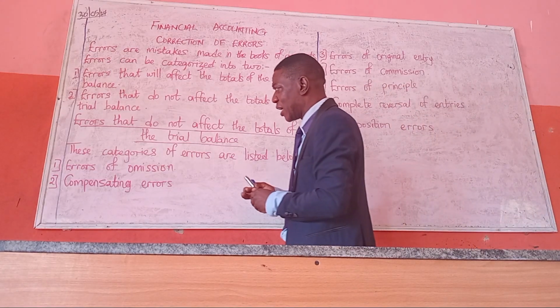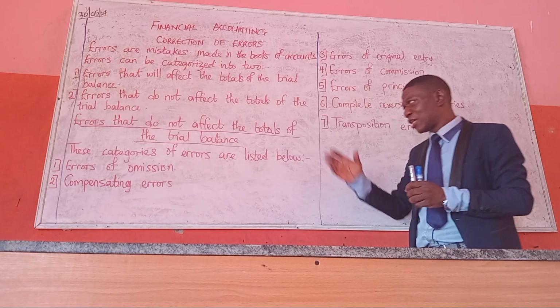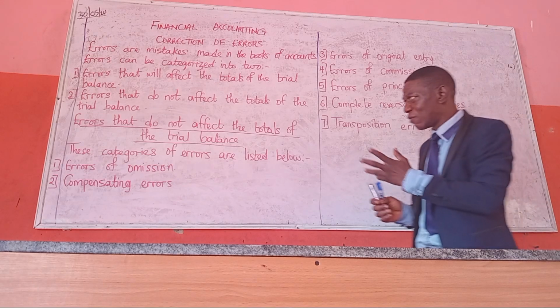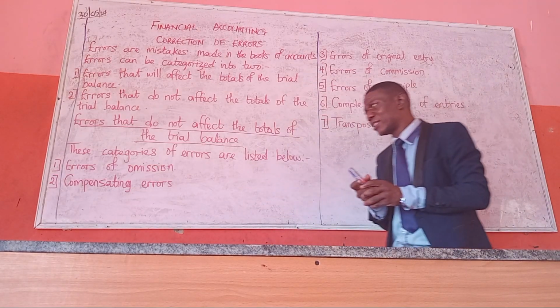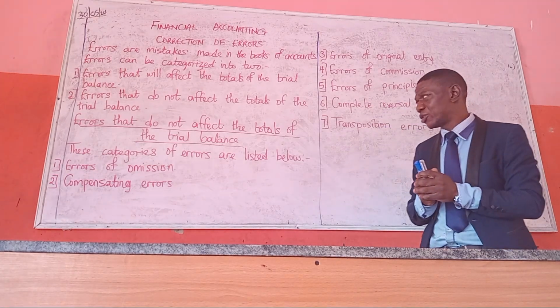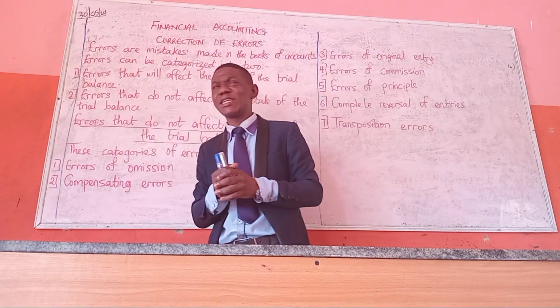After explaining these seven types of errors, we shall also pick one or two illustrations that I will treat for you for thorough understanding.